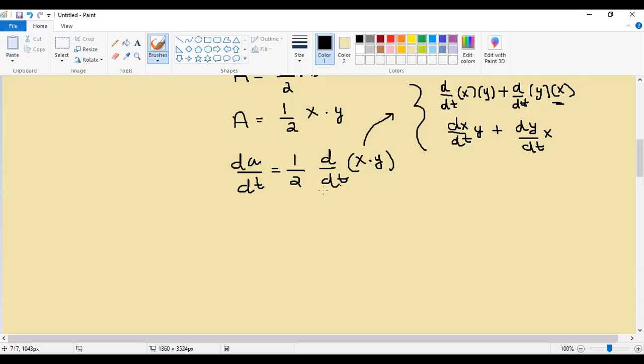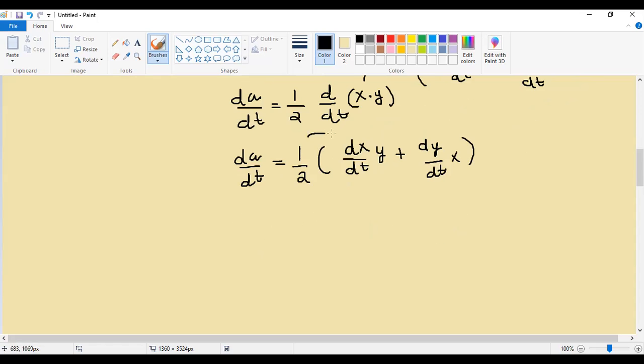And of course, when we plug this back in here, we get that dA over dt is equal to 1/2 multiplied by dx over dt multiplied by y, all added to dy over dt multiplied by x. And we'd eventually distribute the 1/2 here.